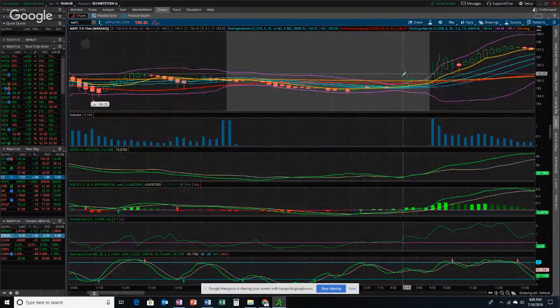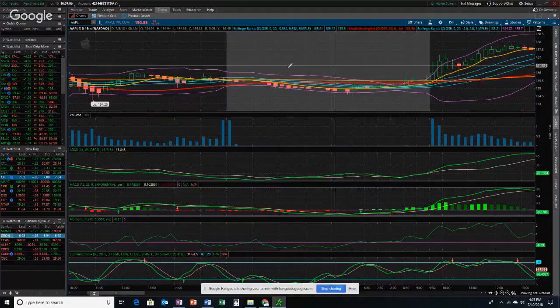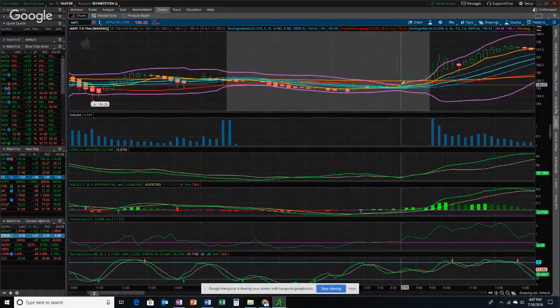This is just a 15-minute chart time frame, just for an example. I typically do this on a daily or a 4-hour or even a weekly chart. I just wanted to find a little bit of consolidation to make a good example here. Basically, you're looking for a consolidation because big moves happen after consolidation.